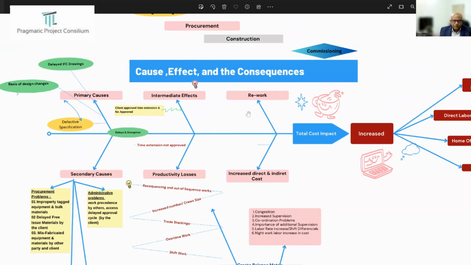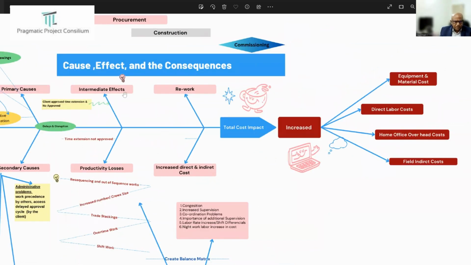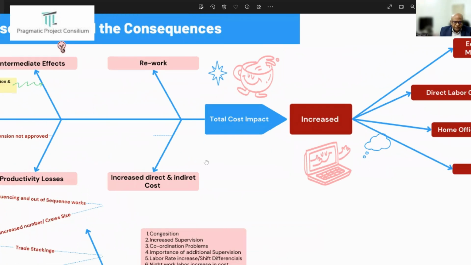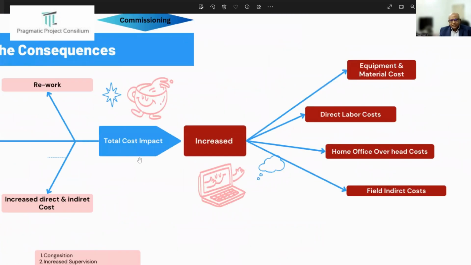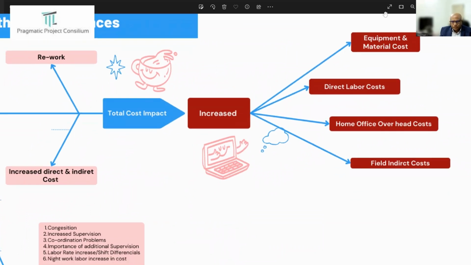This is also part of the main effect, along with the delay cost. As a result of all these various factors, there is a total cost impact, which means an increase over the original estimated budget, in terms of equipment and material, direct labor cost, home office overhead cost, and field indirect cost.